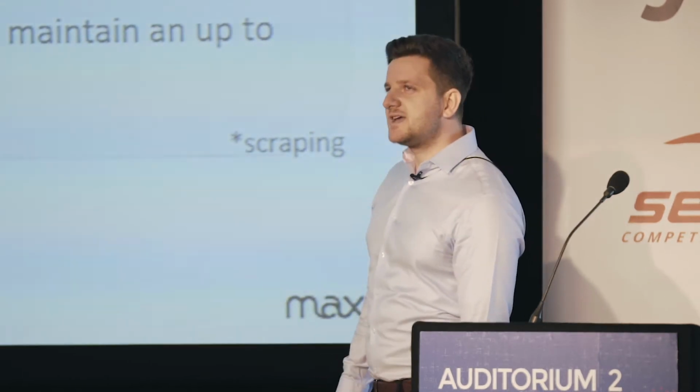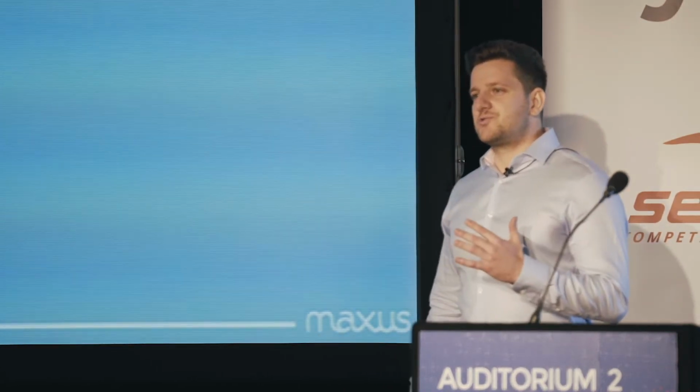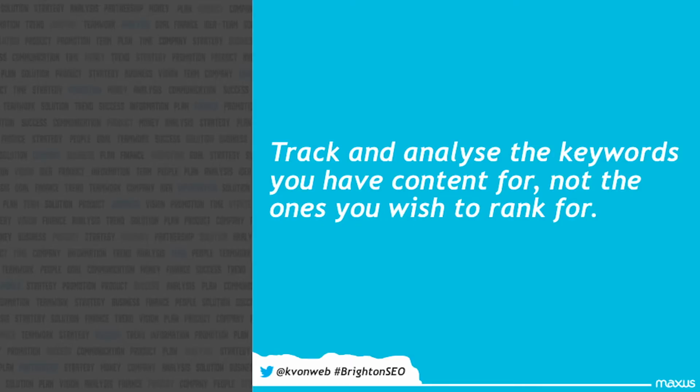Because when we tend to add keywords into a platform, we usually go for the keywords that we basically want to rank but are impossible to reach. So my main advice is to track and analyze the keywords you have content for, not the ones you wish to rank for, because you might never do.